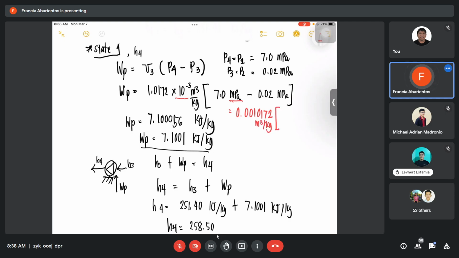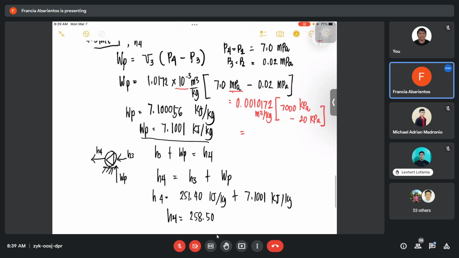And yung 7 MPa mo, i-kilopascal mo. Kilopascal minus 20 kilopascal. I-compute mo yan. Ano matitira dito? In your calculator, ang matitira sa'yo dapat yung kilopascal natin is kilonewton per meter squared.